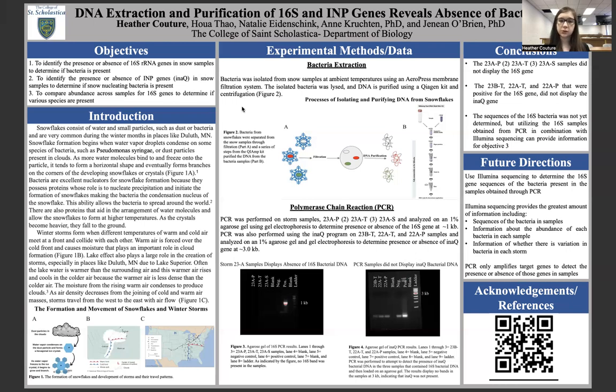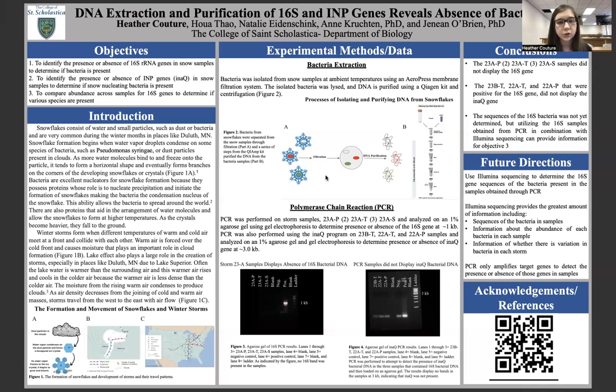So the snow samples that we used were collected from Dr. O'Brien's backyard, and we extracted the bacteria from the snow using an AeroPress with a filter paper on the bottom. So as snow was pushed through the AeroPress, any bacteria that could be present in the samples were collected on the filter paper.